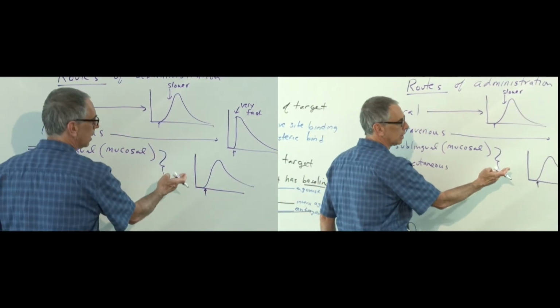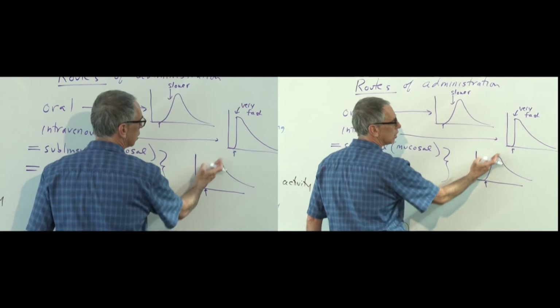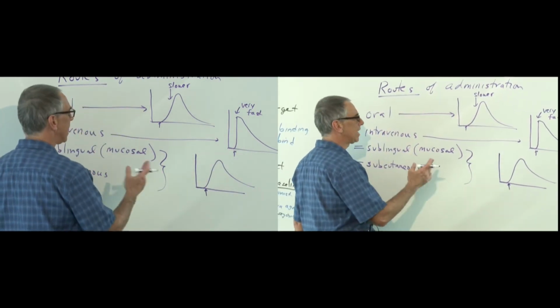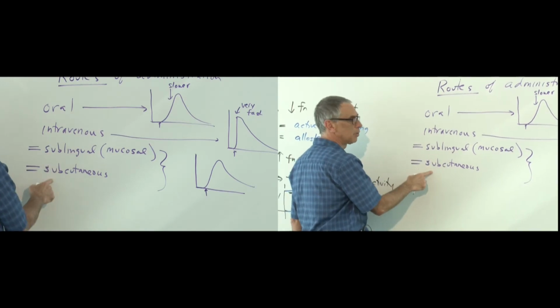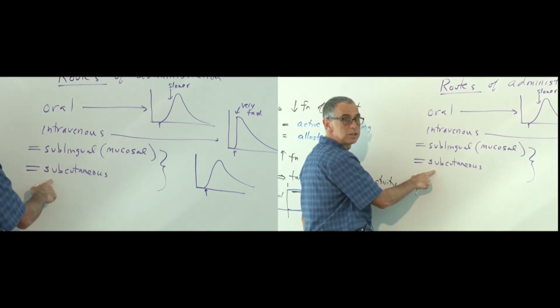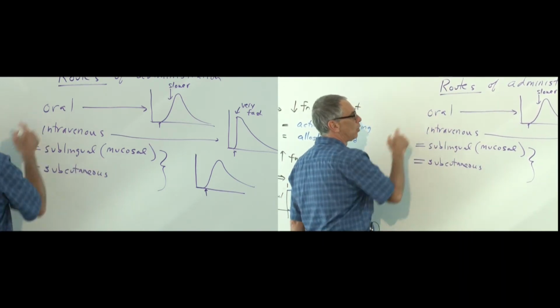And so it gives you a little bit of time for a slower upswing. So the fastest absorption would always be intravenous. Sublingual and subcutaneous would be fast, but a little bit slowed down, and then oral.